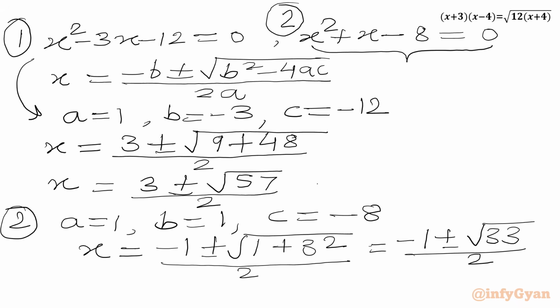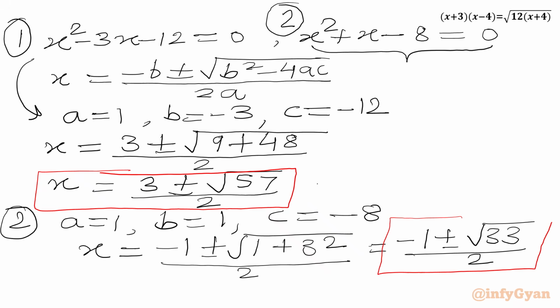So we have 4 values in total. 2 values are here and the remaining 2 values are here. Now we have to find which solutions we are going to accept and which solutions we are going to reject.